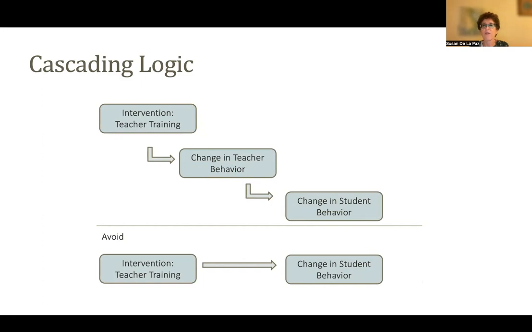So there's several different things going on. That is better than having a simple view, which is on the bottom here, which is that you have an intervention that's teacher training that results in the student changing behavior, because we're leaving out some important things. That's basically the idea of cascading logic. Okay, so let's move on.